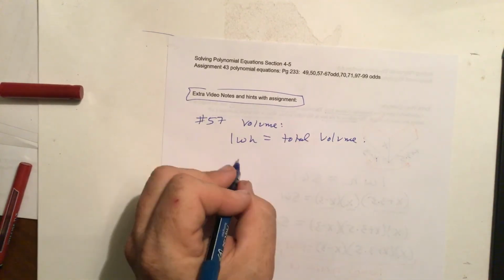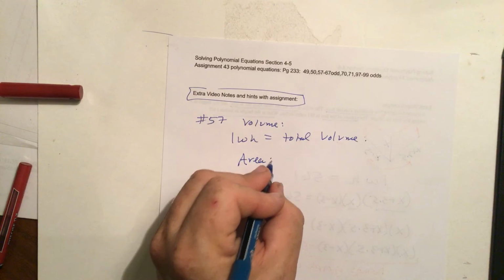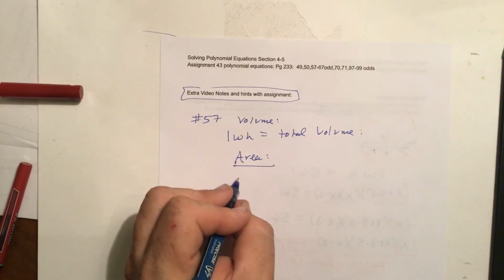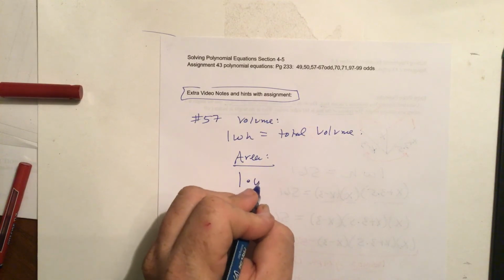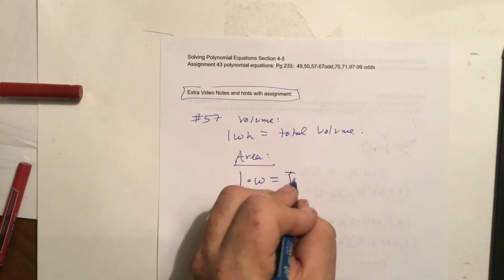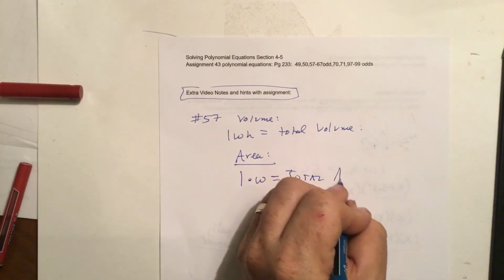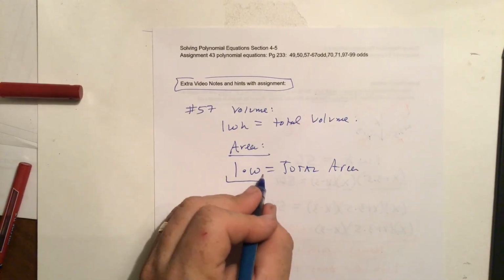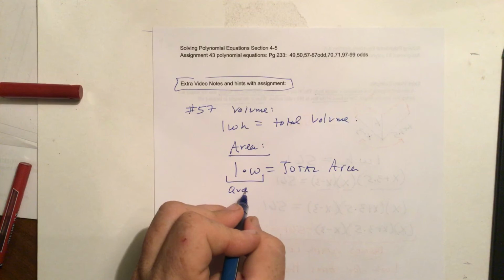Just like if it's area, it's going to be length times width equals total area. So if you have an area problem, do length times width. And this one's going to end up being a quadratic probably.